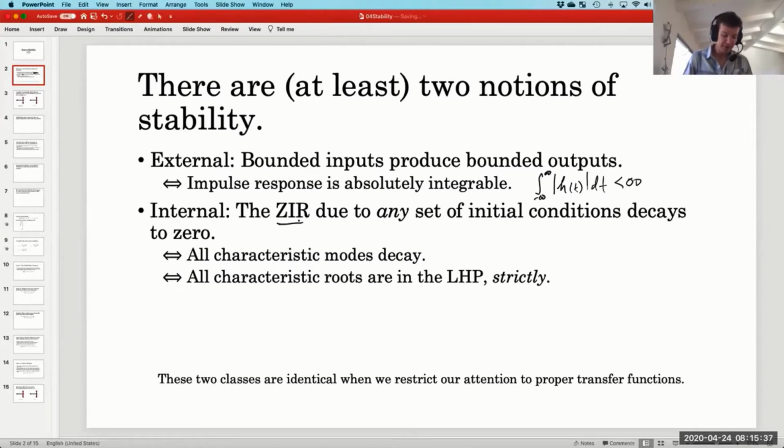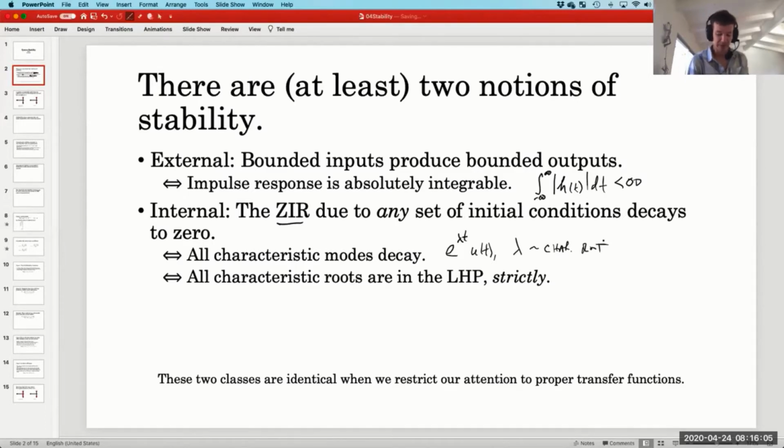So the definition of an internally stable system is that the ZIR due to any set of initial conditions decays to 0. So remember that the ZIR of an LTI system is comprised only of characteristic modes. And these are, of course, characteristic modes, again, are e^(λt)u(t), where λ is a characteristic root.